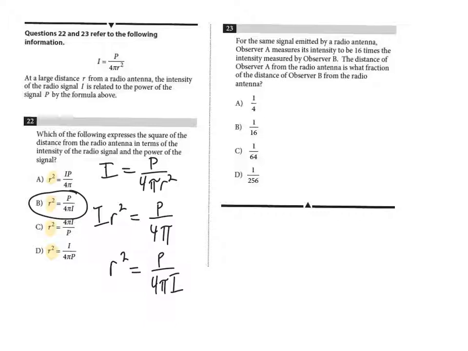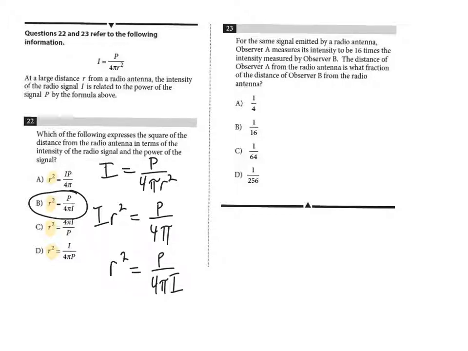All right, 23. For the same signal emitted by a radio antenna, observer A measures the intensity to be 16 times the intensity observed by observer B. The distance of observer A from the radio antenna is what fraction of the distance of observer B from the radio antenna?